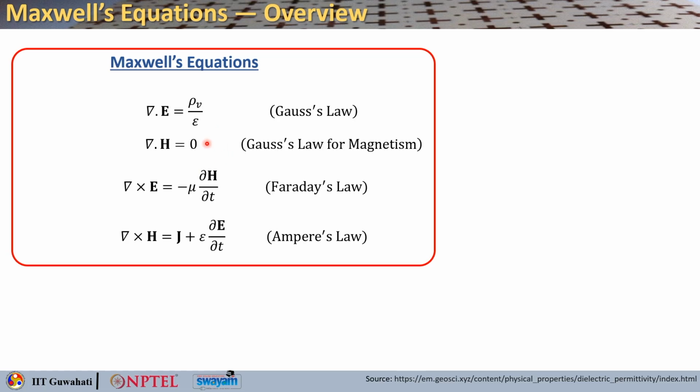The second equation is the Gauss law for magnetism, which tells you that the net magnetic flux out of any closed surface is going to be 0, because you do not have magnetic monopoles.